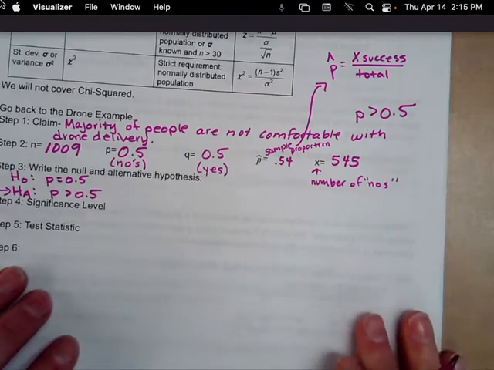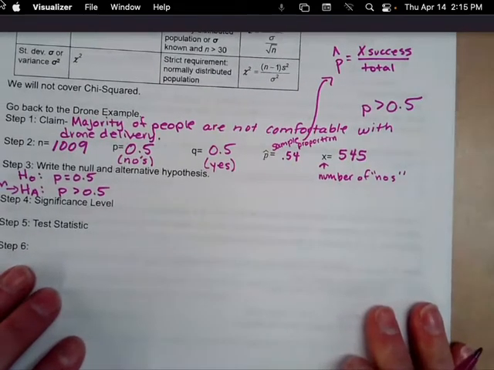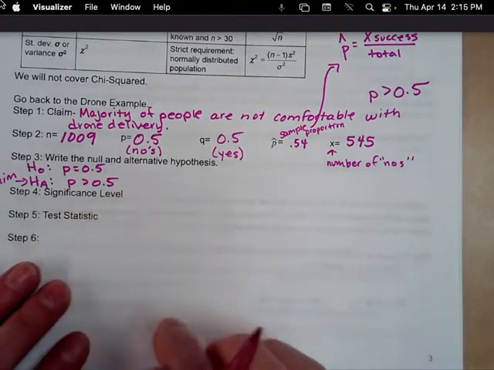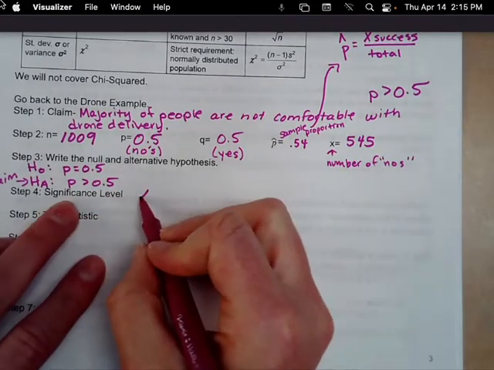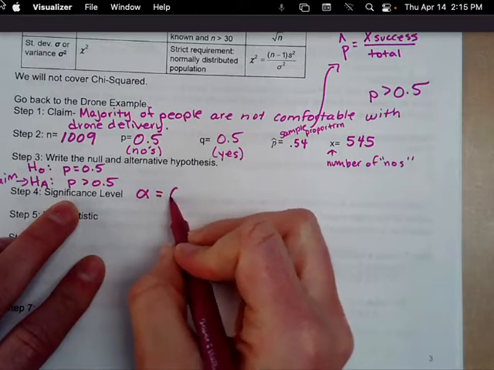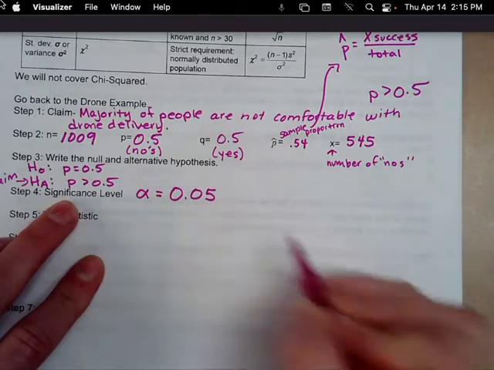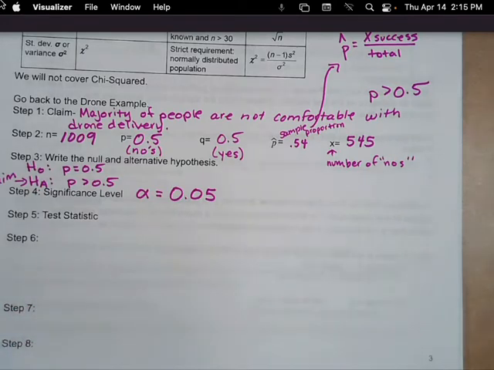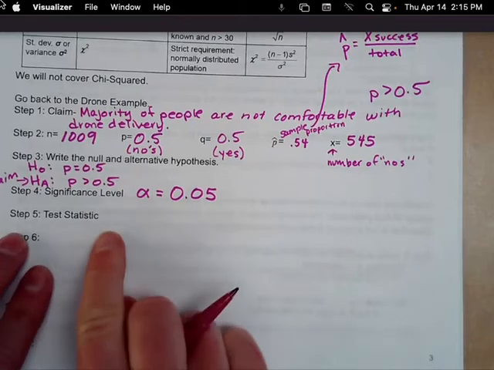That's your P hat. Significance level: since it didn't say, we're just going to use 0.05. So that's like 95% confidence.